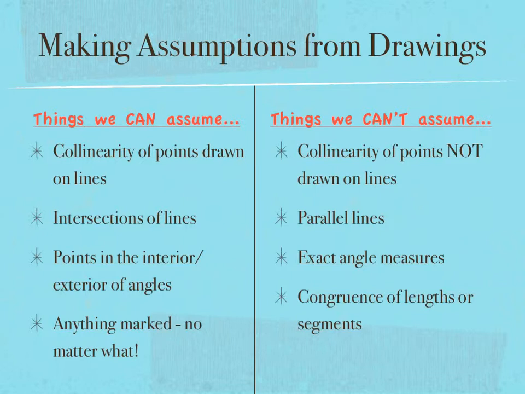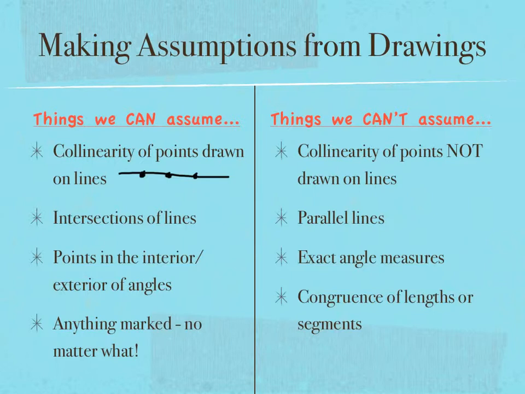So if the points are actually drawn on a line, if you've got the points drawn and there's a line going through them, and hopefully a line that's better than the one I just drew, I can assume those points lie in a straight line because they're drawn on a line.